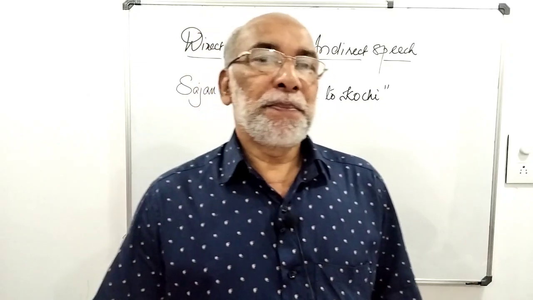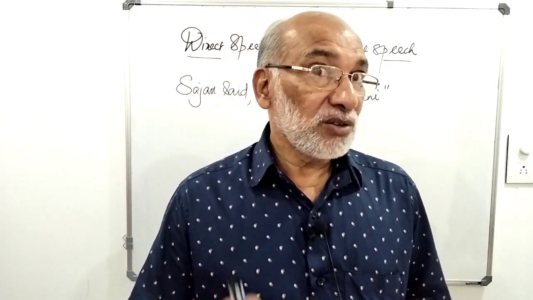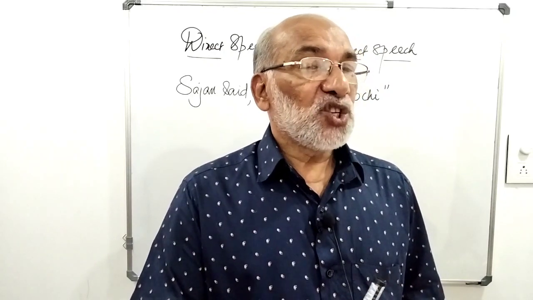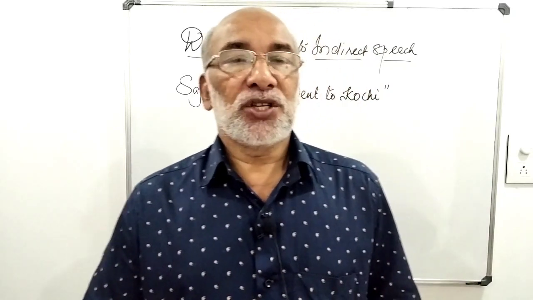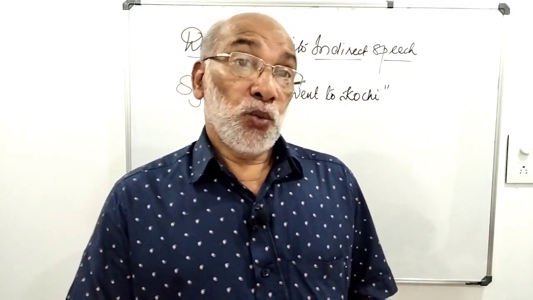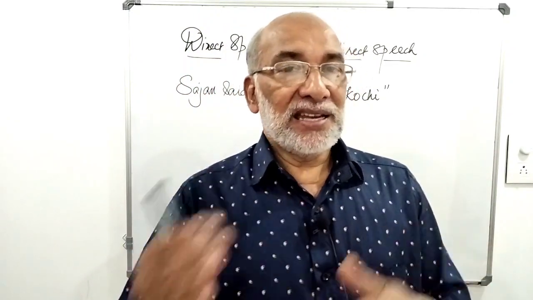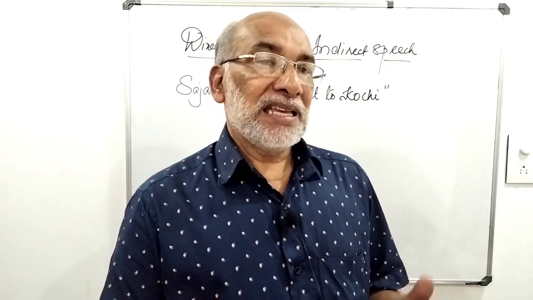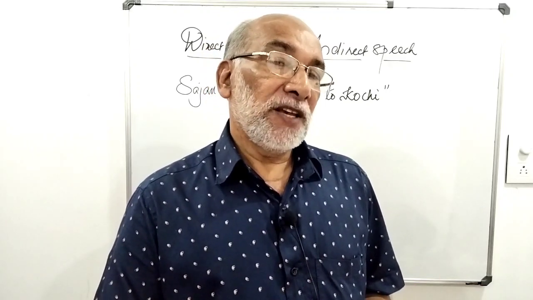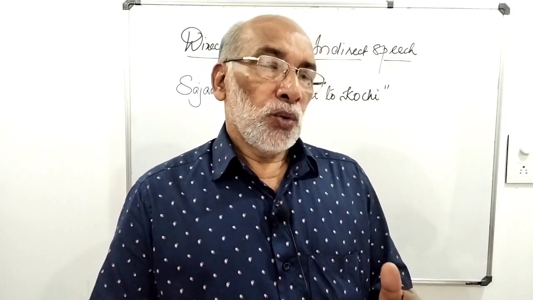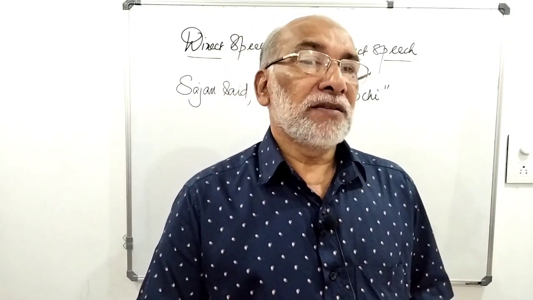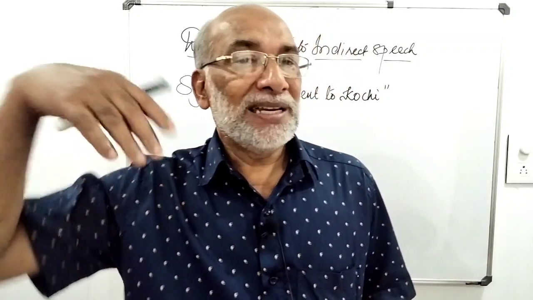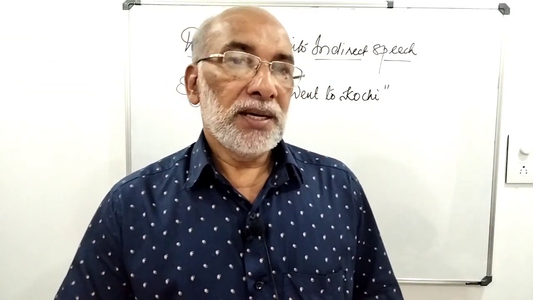In my previous video, I was trying to explain the concept of direct speech and indirect speech. That is, what is direct speech and indirect speech. Today, let's analyze a sentence and see the process of changing a sentence in direct speech to indirect speech.